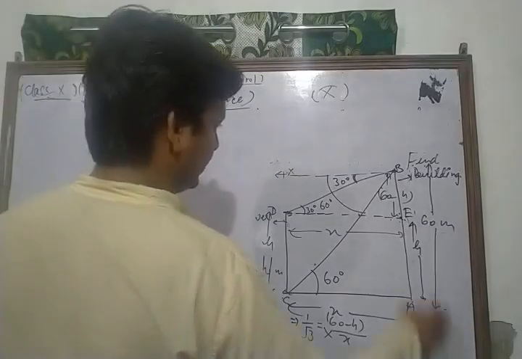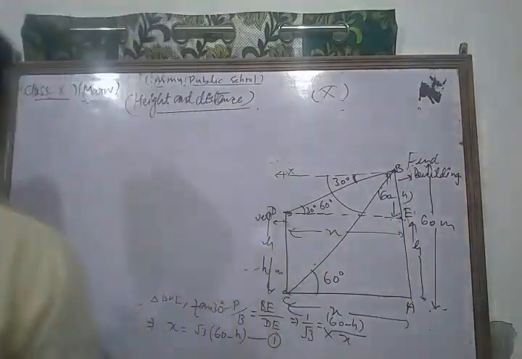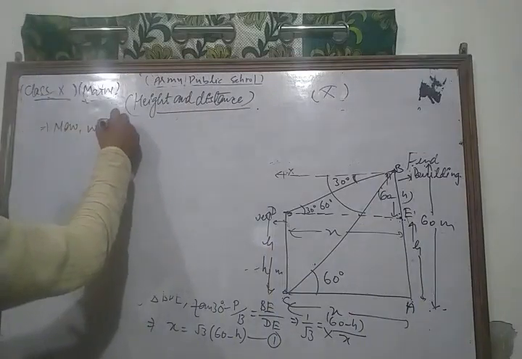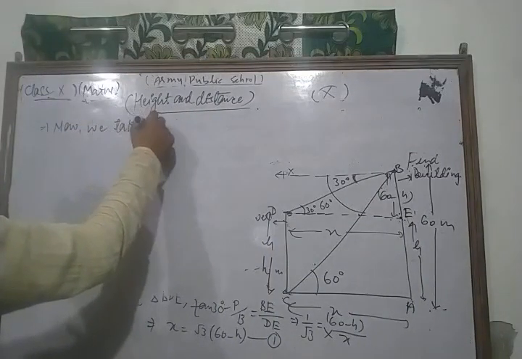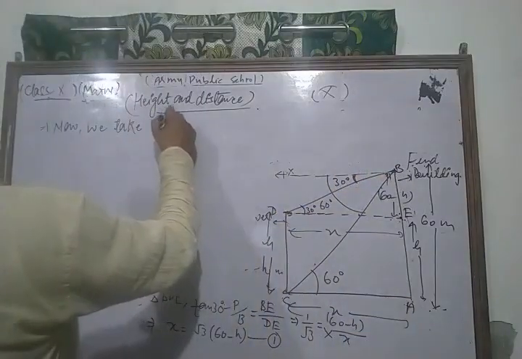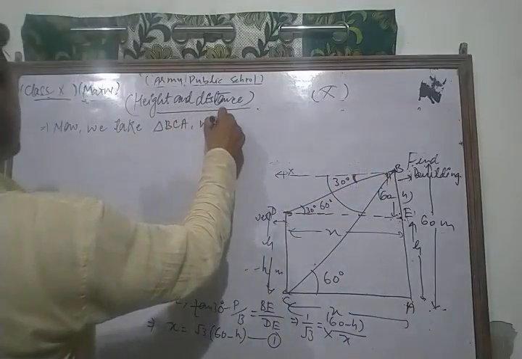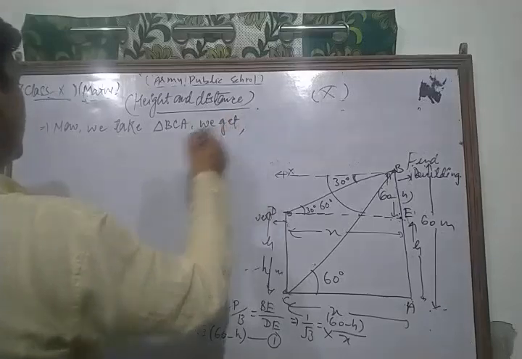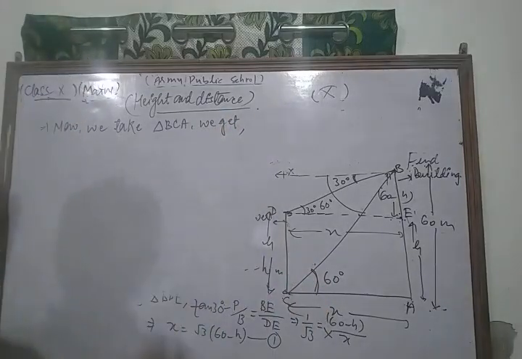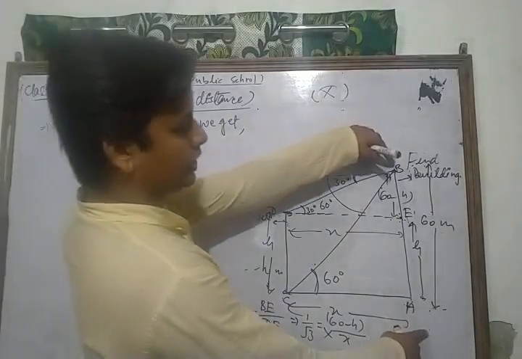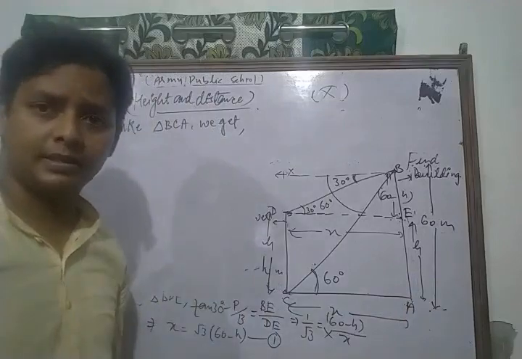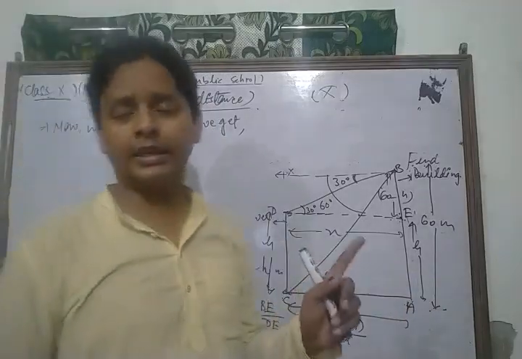Now dear student, we take triangle BCA. In triangle BCA, we get tan of 60 degree, because this is the base which is given and this is perpendicular x. So perpendicular and base is always in what? In tan.